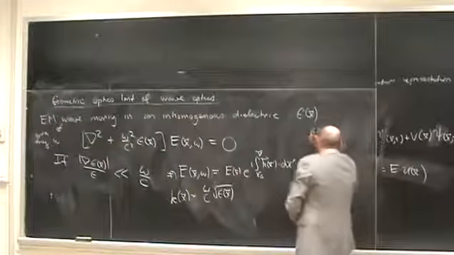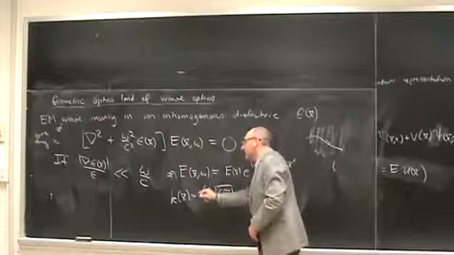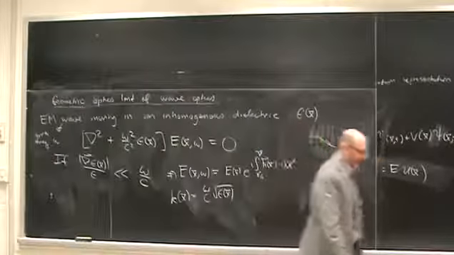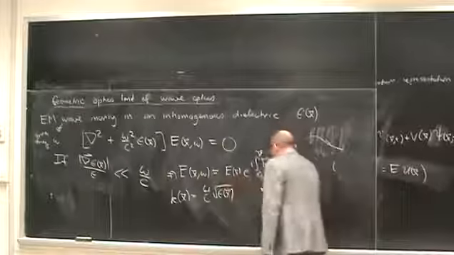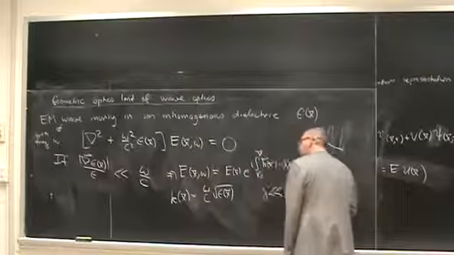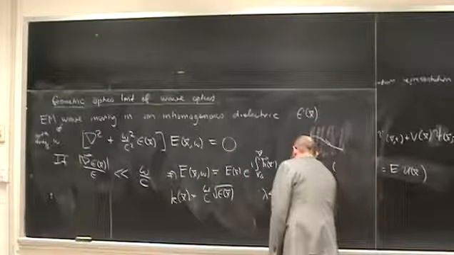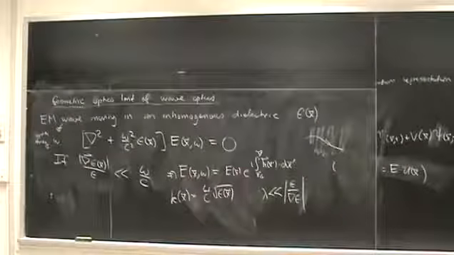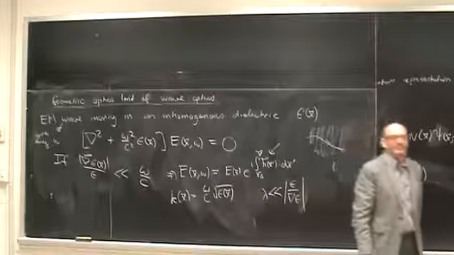And it says there's a ray that moves through there with a local wave vector that depends on the gradient of the index. And as long as the wavelength is much, much, much smaller than the length scale over which the dielectric changes, then I don't have to think about solving the wave equation. I just have a trajectory of a ray.